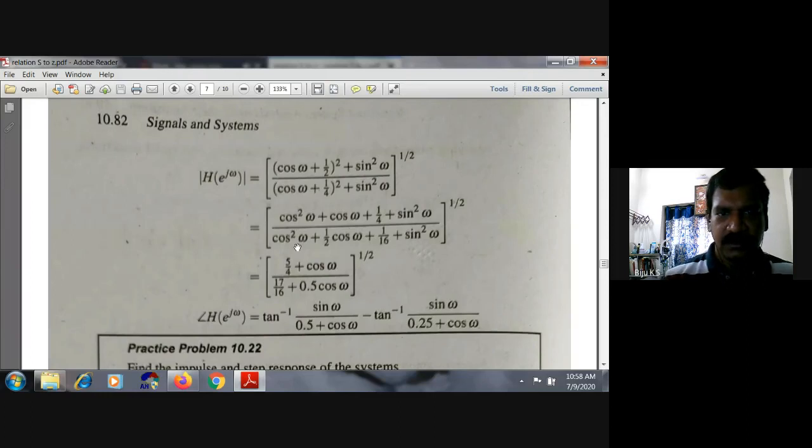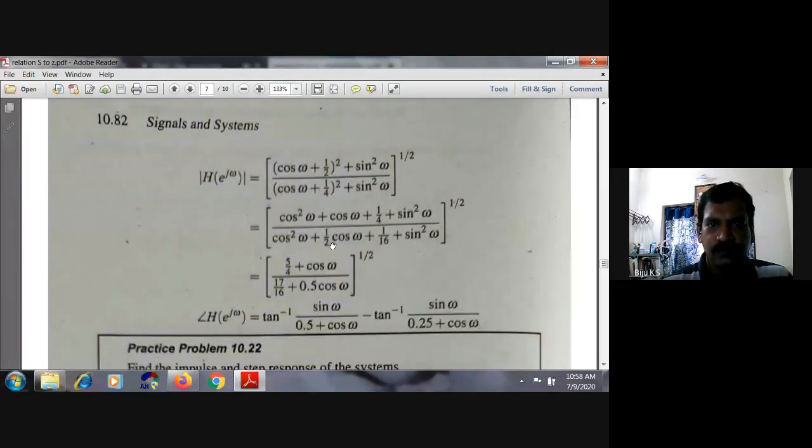It is equal to cos square plus 1 by 16 plus 2 into A B. Okay, it was okay.